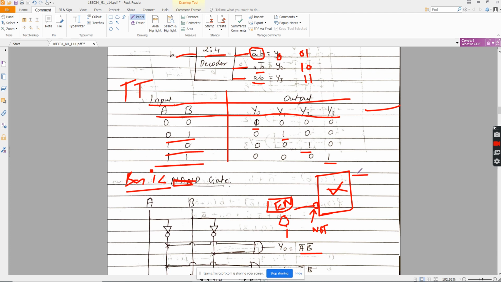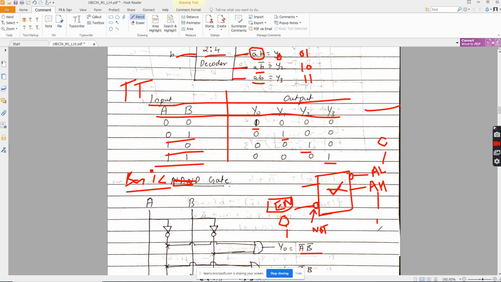So whichever pin has a bubble at the input or output side, that pin is called an active low pin. I repeat, it will be called an active low pin. And if that pin doesn't have a bubble, if it is a normal pin, then it will be an active high pin. So this pin is active low and this pin is active high. Active low gets triggered for 0 input.